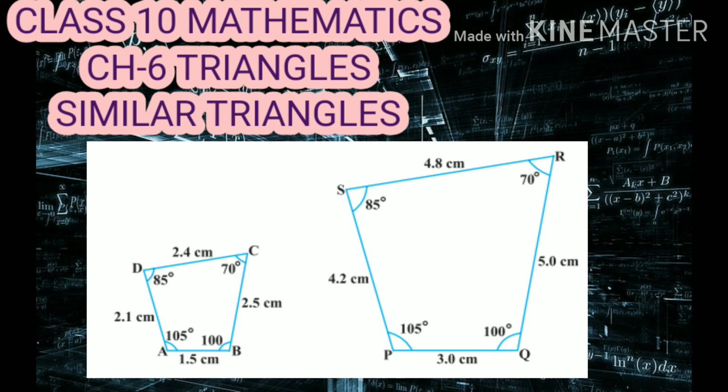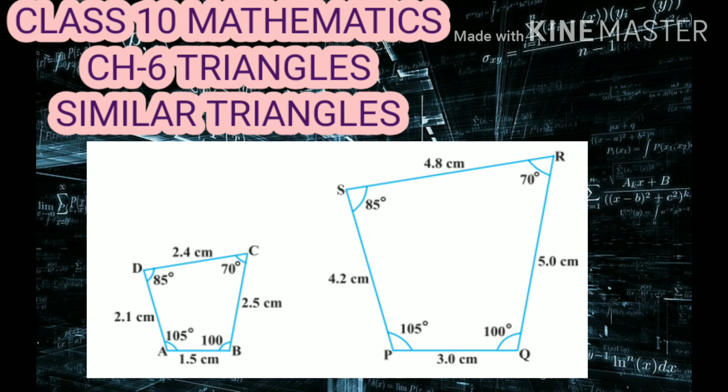Children, in this example you can see in the figure that there are two quadrilaterals ABCD and PQRS. All the corresponding angles of both the quadrilaterals are equal. As you can see, angle A and angle P both have the same measurement, 105 degrees.